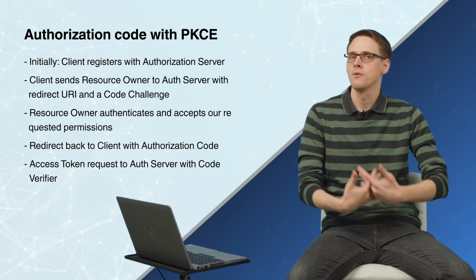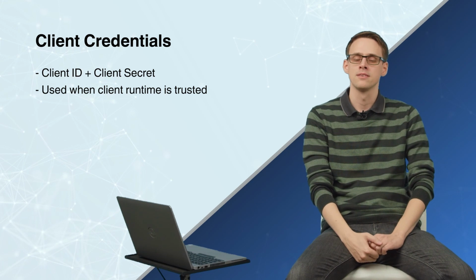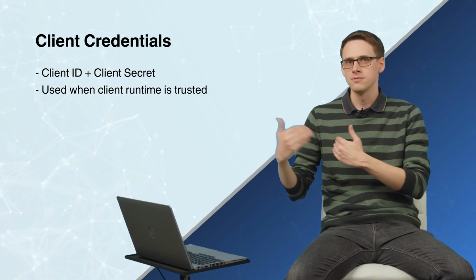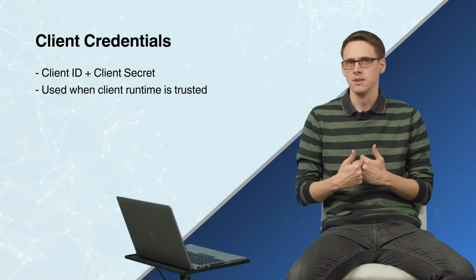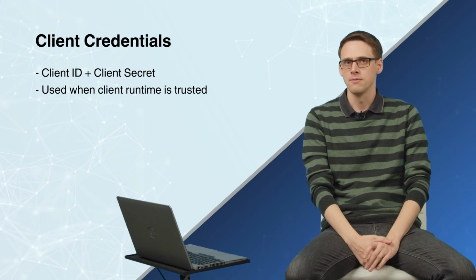But first, let's go into the other grants. That was a grant used for authorization with a user, so a manual interaction: somebody needs to click, give in the Google password, for example, and then come back. But what about APIs, for example machine-to-machine communication, where there's no middleman or user who could enter anything? That wouldn't be feasible.